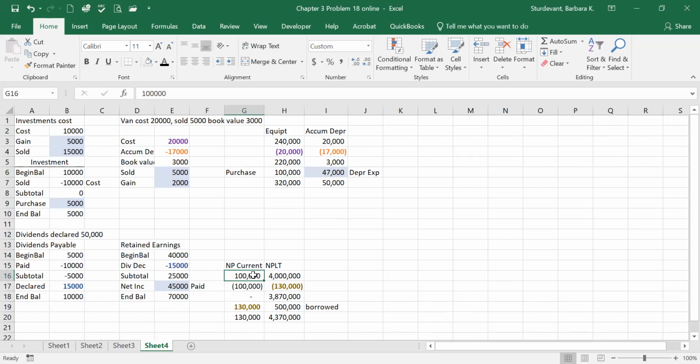Okay, and then the last one just has to do with the notes. And again, they tell you it's paid in a timely manner.